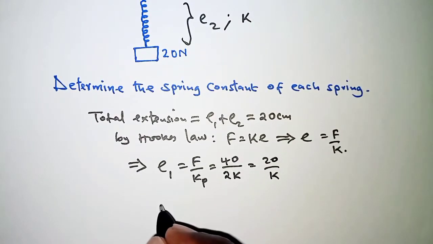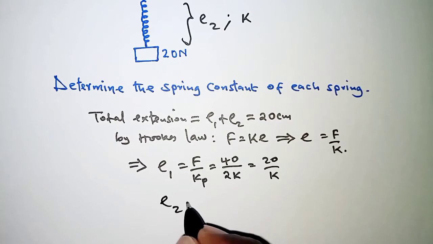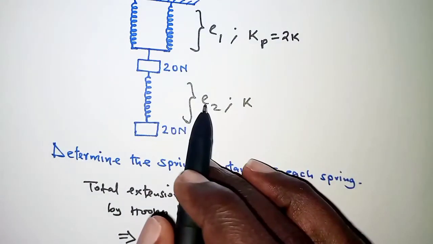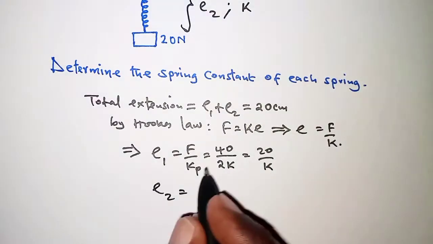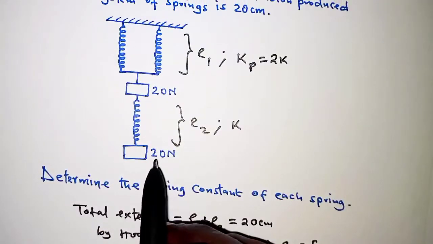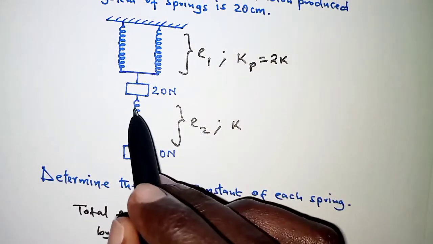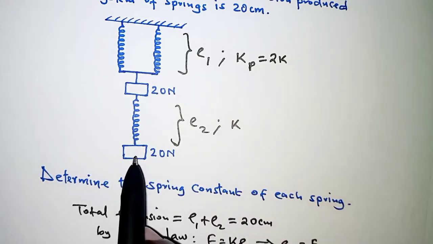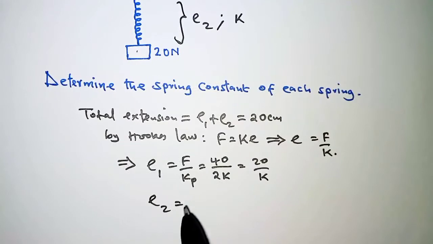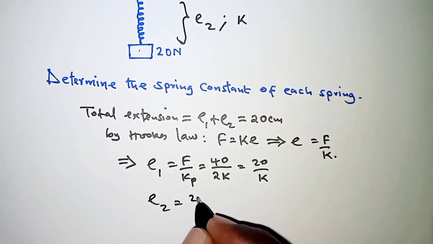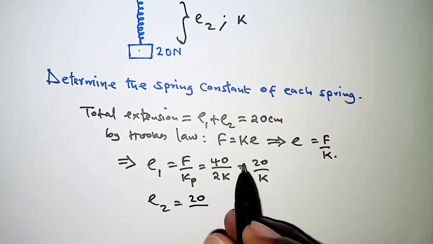Similarly, for E2, again applying Hooke's law, we are going to have the force. The extension on this spring is a result of this 20 newtons load. So we have the force, 20 newtons, over the spring constant.